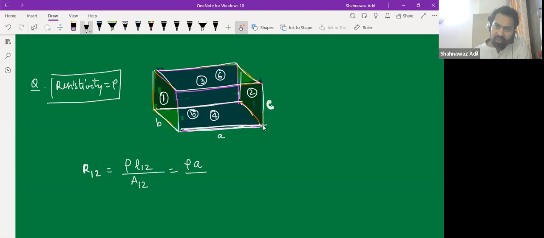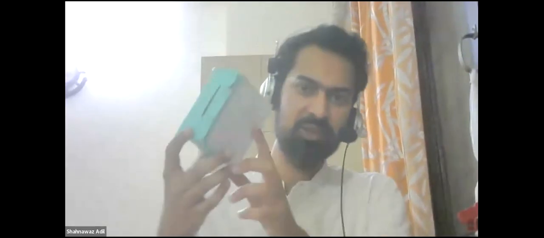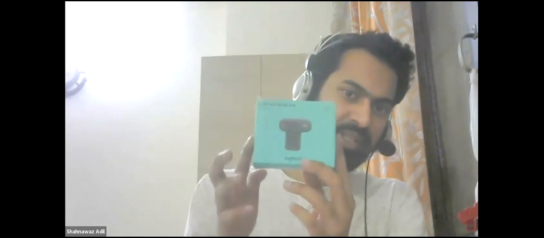Length, breadth, and height. So let me show you in this box. You have this cuboidal box, and it has this surface, this surface, this surface, one behind, and the up surface and the down surface, right?